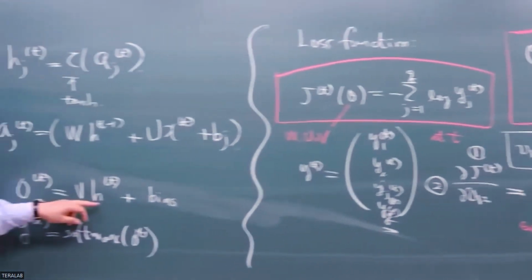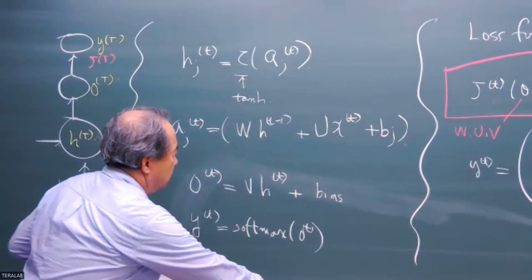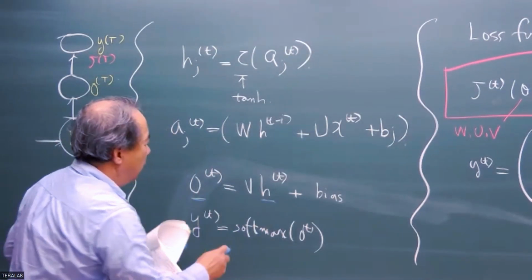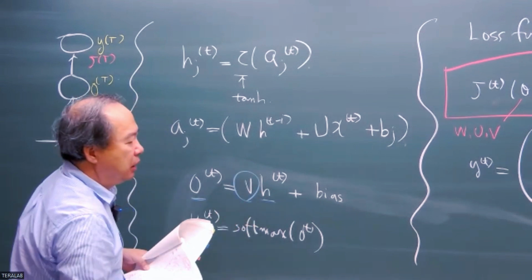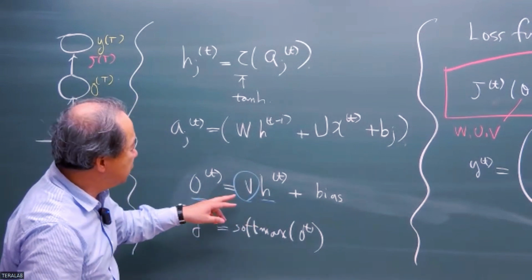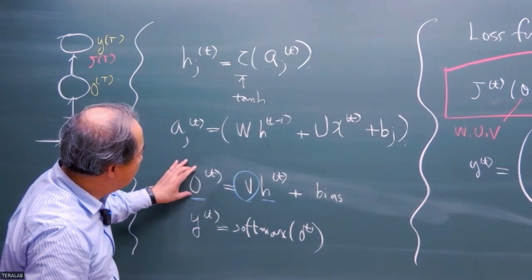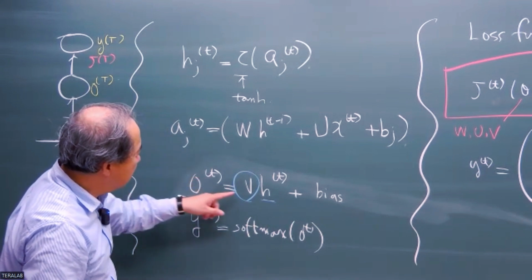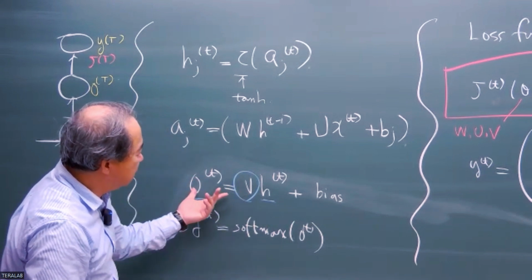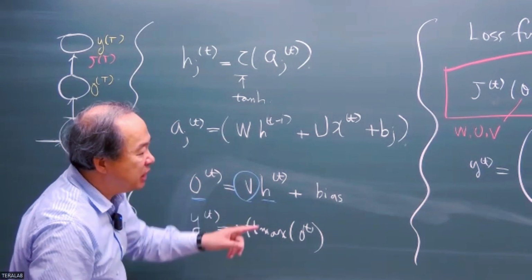The relationship between H and O is a connection V. So if you take the derivative of O at stage T by V, H is what remains.